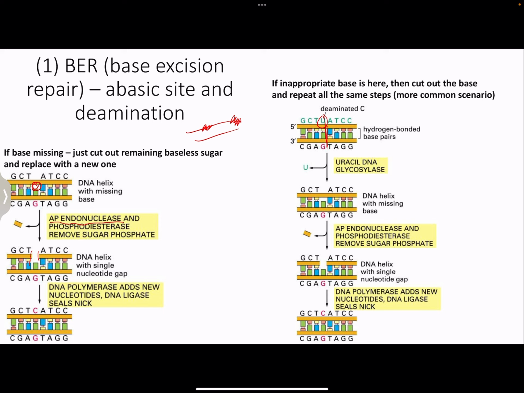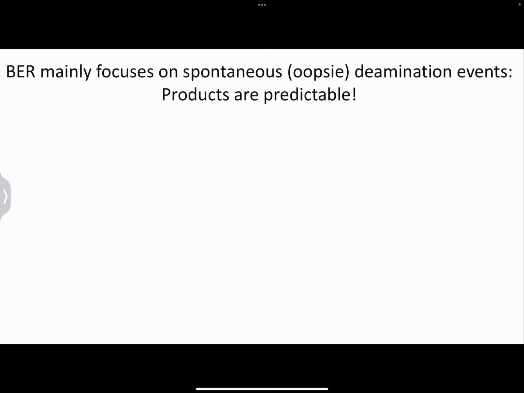And again, this isn't mismatch repair though, because we know which one is the imposter. If we're the repair proteins, U doesn't belong in the DNA. So it is going to be glycosylated, which just means that we're cleaving out that base. And notice that we do that. Now we're just following the exact same steps that we had over here. Now we can just have our endonuclease, and then our polymerase, and then our ligase.